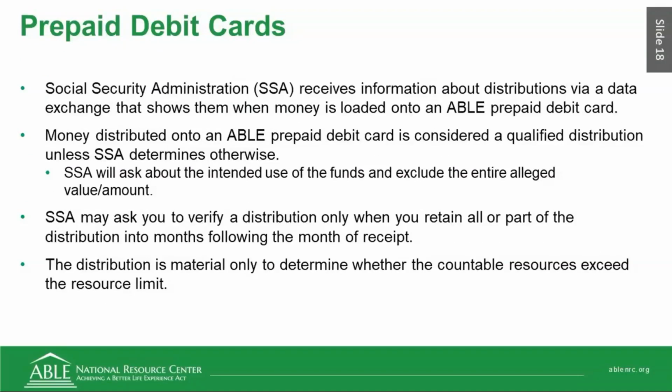But on this next slide, I know, Jim, you were talking a lot about distributions. I thought that it would be important to talk about distributions onto prepaid debit cards, because for many of us, it's easier to carry around than carrying cash.